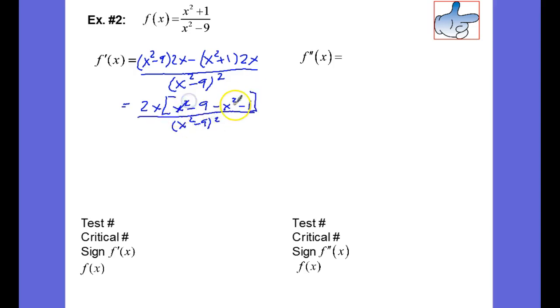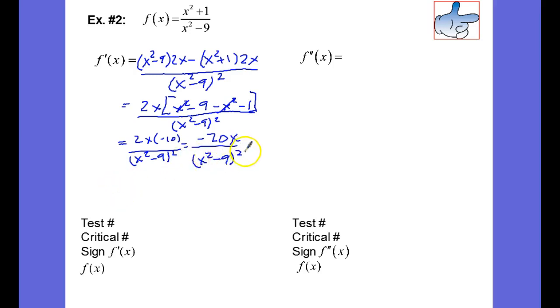Now the x squareds are going to cancel, and that leaves us with 2x times negative 10 over (x squared minus 9) squared, and that is negative 20x divided by (x squared minus 9) squared.